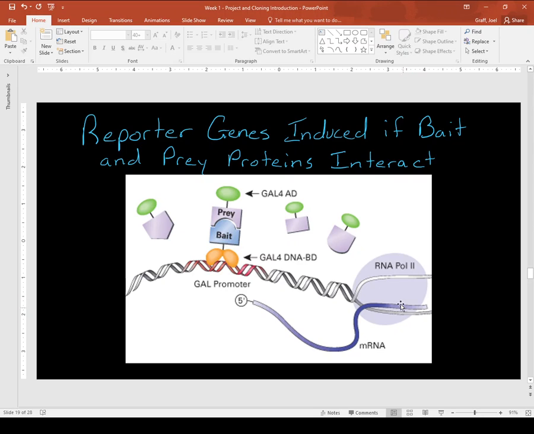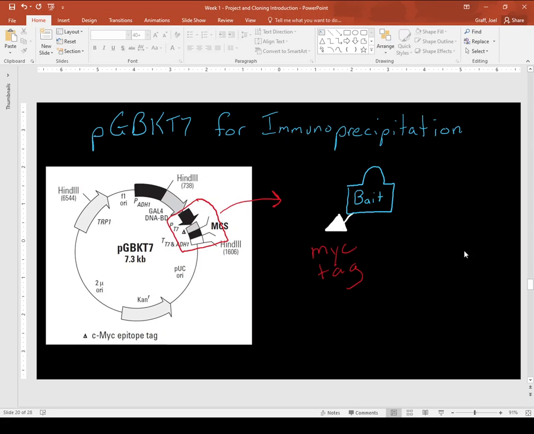The reporter genes in this case can be determined through experimental tests, whether they turned on or stayed off. And if they interact, they would be turned on. In general, the outcome is that the yeast would be able to survive on media lacking certain extra nutrients.